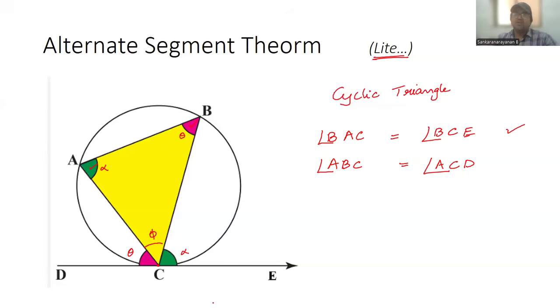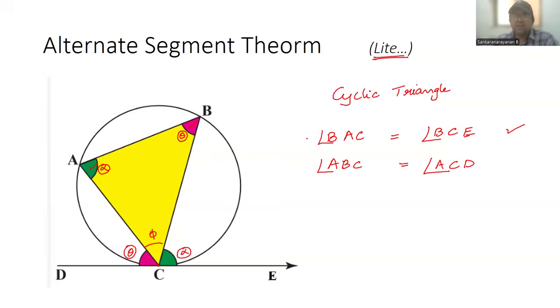So basically, in a question, if you see a triangle with that line orientation DCE like what you see there, you can consider that this angle will be equal to the angle over here. In the same way, this angle will be equal to the angle over here. That's the same thing the alternate segment theorem also tells, but with different words. So I have simplified it for you. Use this result for solving the problems.